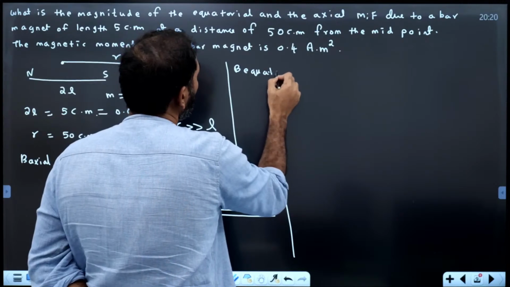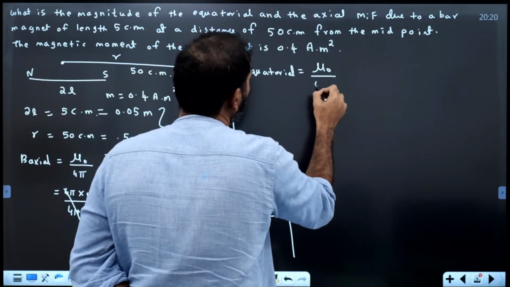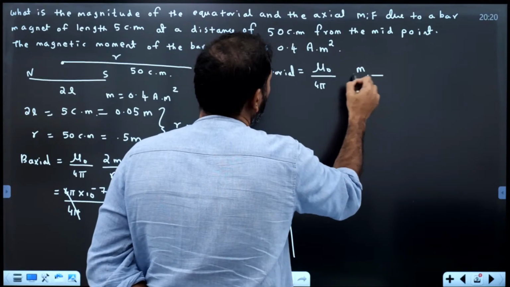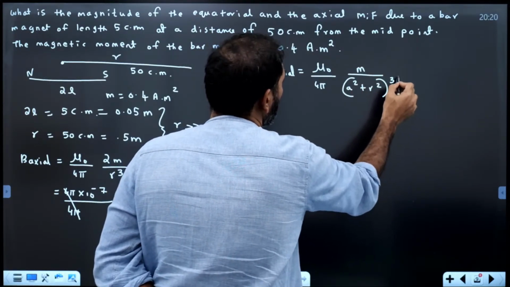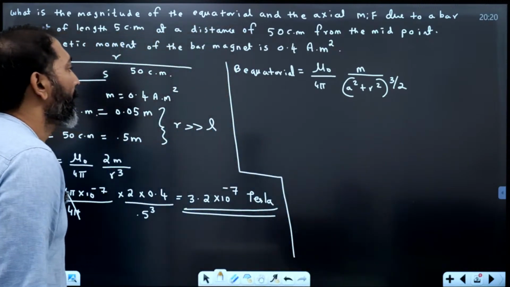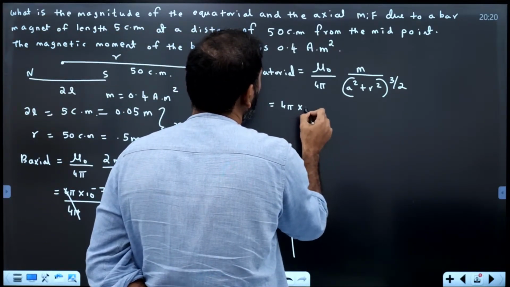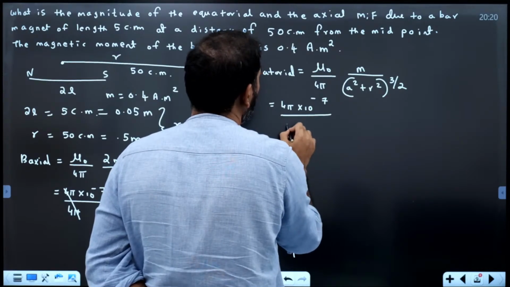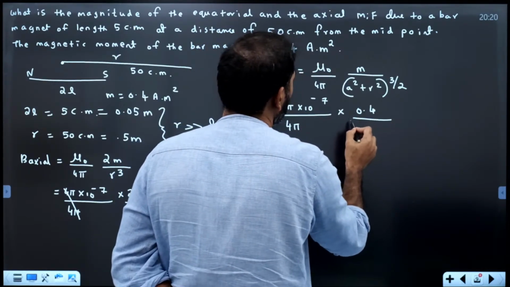B equatorial is equal to mu 0 by 4 pi, m divided by a square plus r square, whole raised to 3 by 2. What is mu 0? 4 pi into 10 raised to minus 7 divided by 4 pi into 0.4.